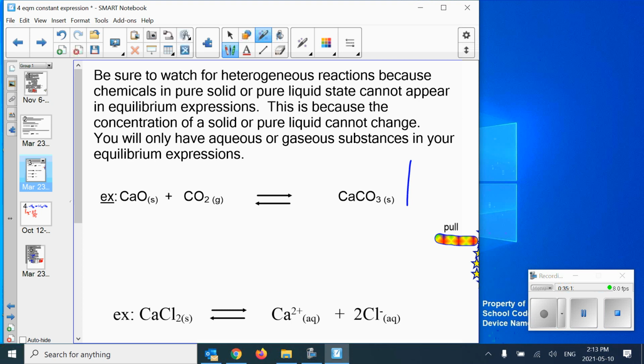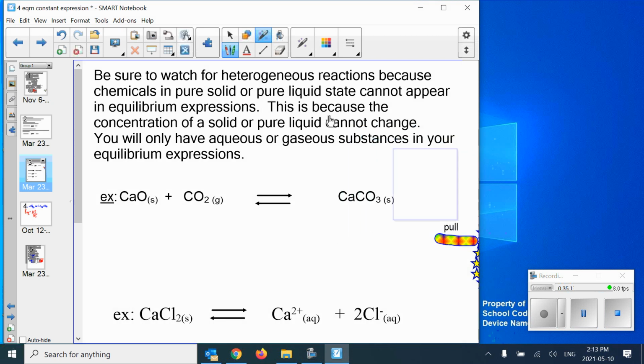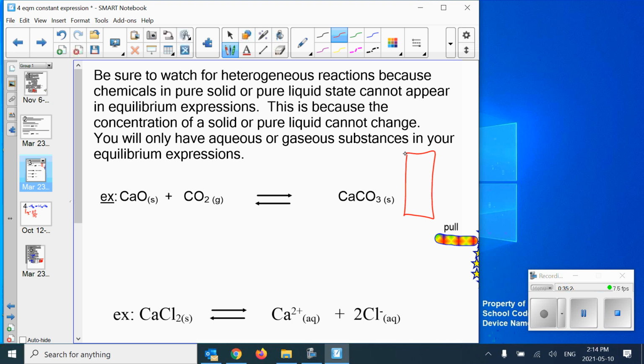If I had a block of iron, 100% iron, and then a reaction happens to it, and a week later I come back, 50% of it's gone. Sure. But what's the concentration of this? It's still 100% iron right here, right? Would you agree? Solids don't change in concentration, even though the amounts change. This is why they don't appear in the equilibrium expression.